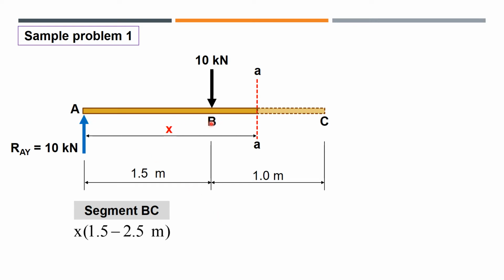So, since continuous yung ating pagkuha ng limit for the segments, so we start at 1.5 here, and 1.5 plus 1 meter is 2.5 meters. Kaya para sa BC, ang limit natin ay 1.5 to 2.5 meters.